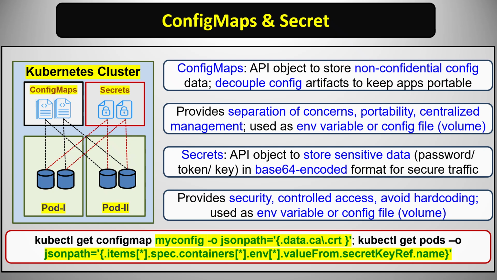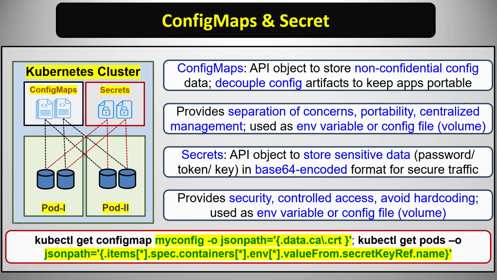Now let's talk about secrets. A secret is also a Kubernetes API object, but unlike a configuration map, it's designed to store sensitive data such as passwords, tokens, or SSH keys. Kubernetes encodes this data in base64 format, which isn't encryption, but it helps avoid accidental exposure. The key benefits of secrets are, first of all, security.